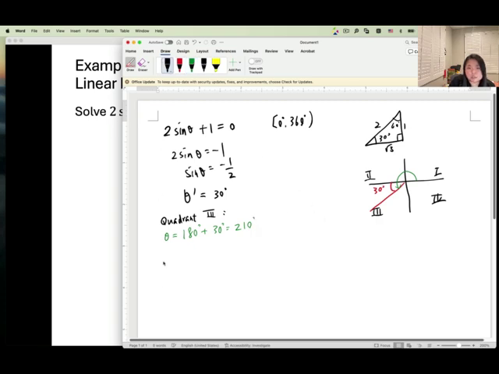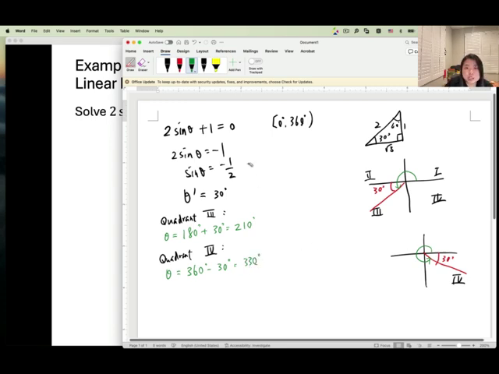And then, how about quadrant 4? Same thing, quadrant 4 will be here, and we have the reference angle, 30 degrees here. The angle starts from 0 until the terminal side here. So in quadrant 4, theta will be equal to 360 degrees minus the reference angle, which is going to be 330 degrees.